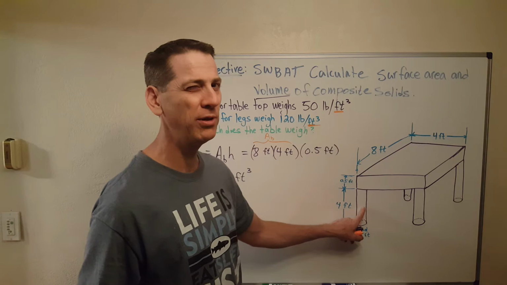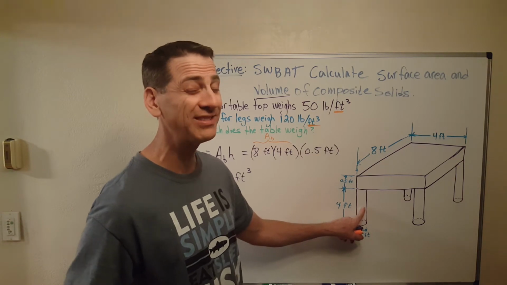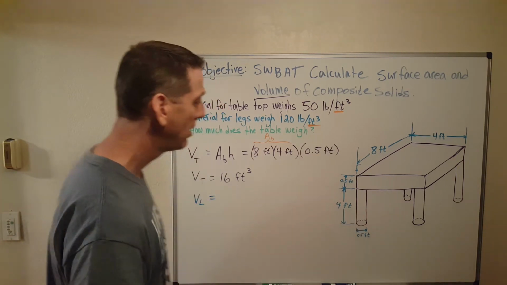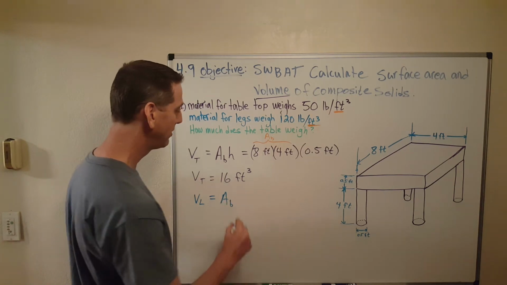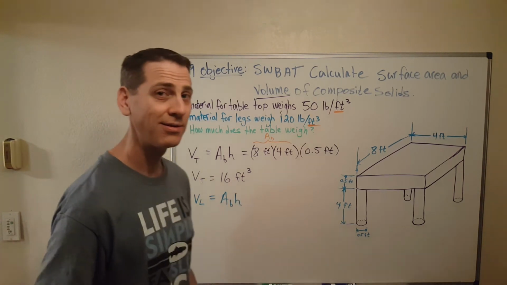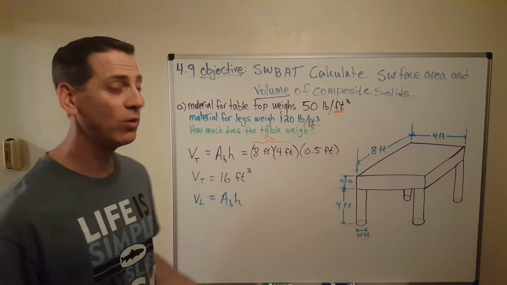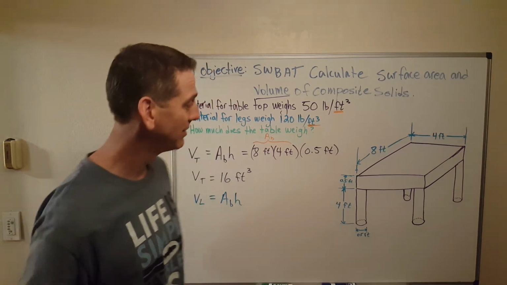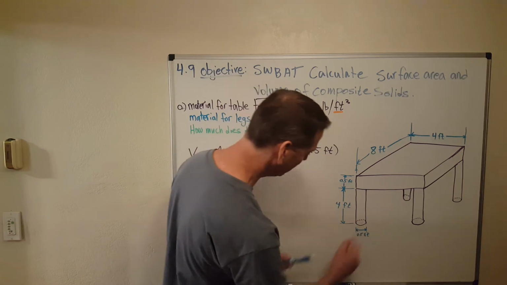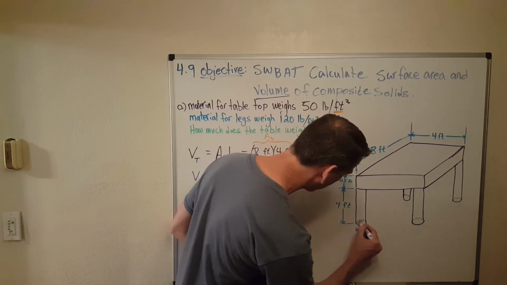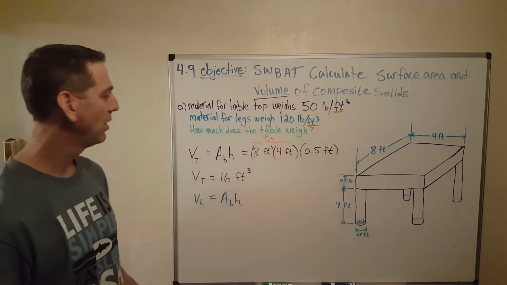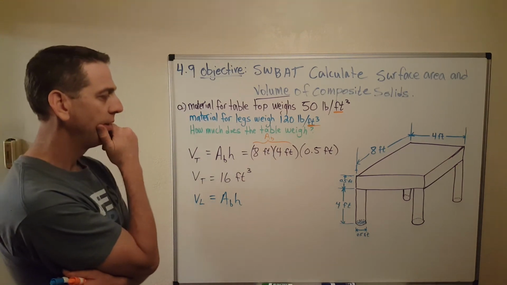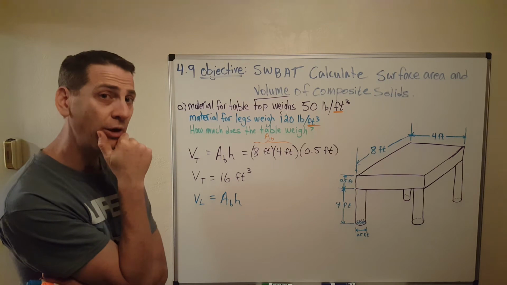Do you remember what the formula for the volume of a cylinder is? Well, once again, it's just the area of the base times the height. So what is the area of my base? Well, the base is just a circle. Do you know the formula for the area of a circle?